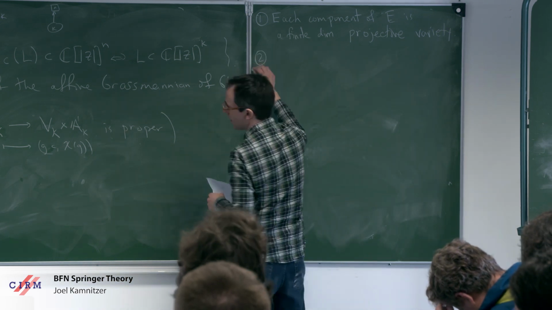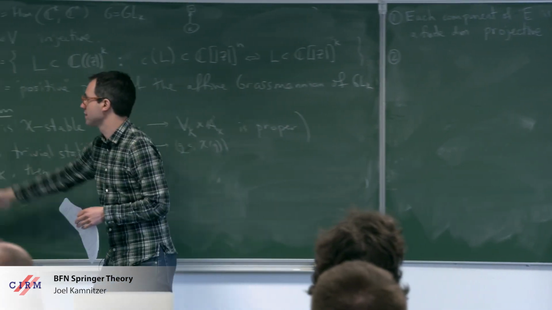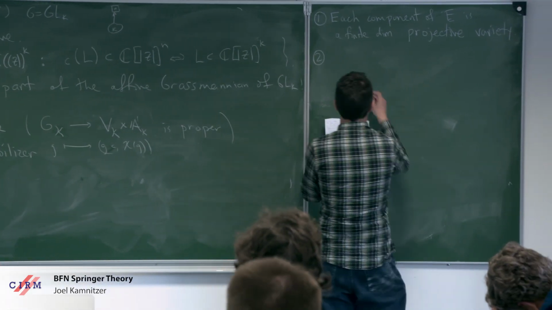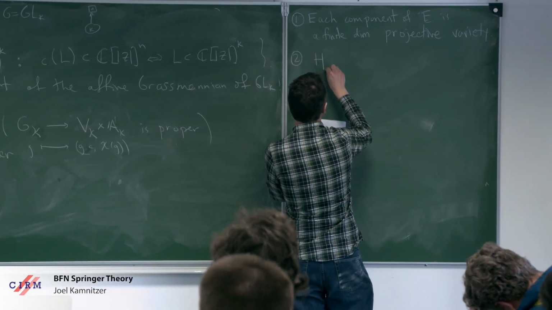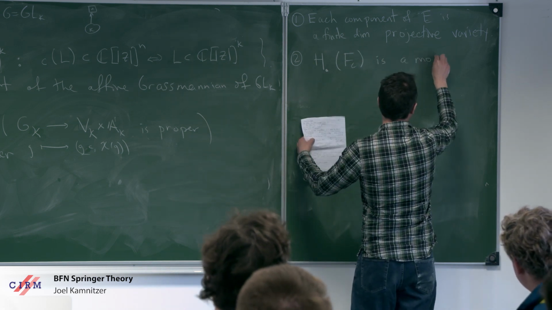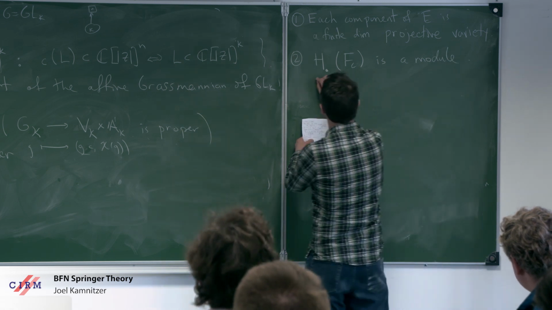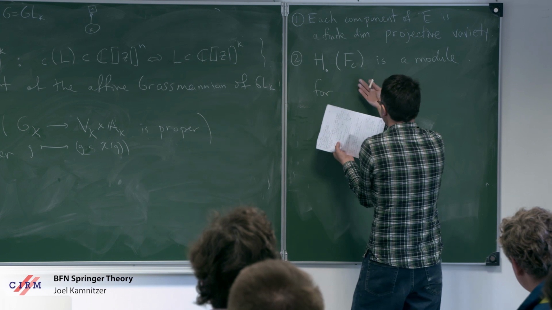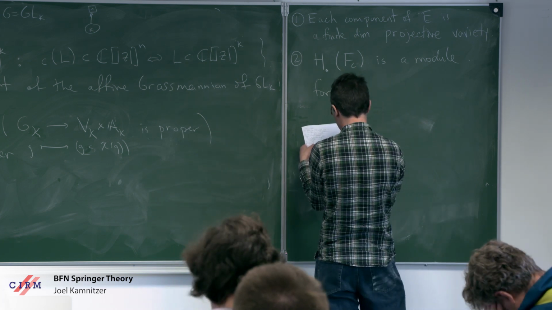Okay, so I don't have any of the stuff you have in here going on. Two, the homology of F_C is a module, and this is just ordinary Borel-Moore homology. Oh, sorry, F_C is compact, so Borel-Moore and regular homology will coincide.